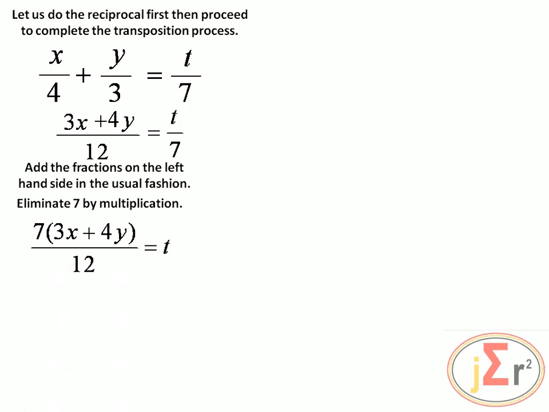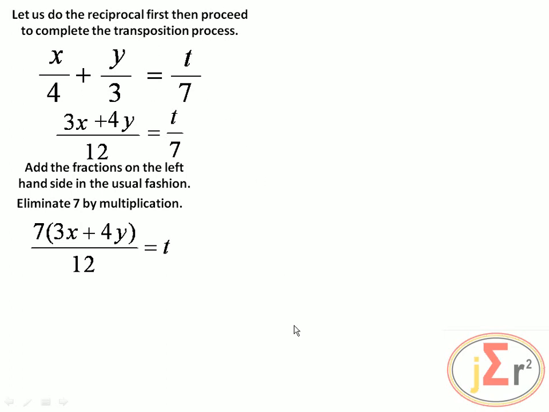As a matter of fact, we are not going into much of the detail of the transposition process here, because we are not explaining transposition. We have done that in 3 considerably long tutorial videos. Right here we are demonstrating why it cannot be right, if we are intending to do the reciprocal, to do that irrespective of the fact that we have 3 fractions.